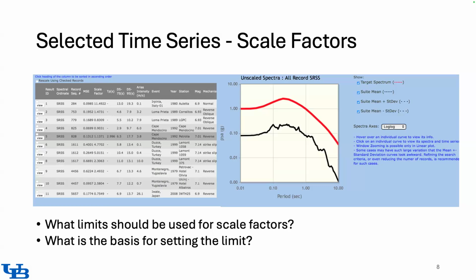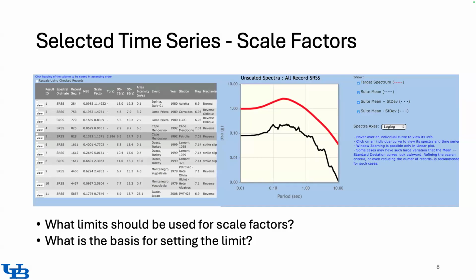One of the things when you go through this process is deciding what scale factor should be used and whether it is reasonable or may lead to unrealistic ground motions. There's some debate in the community.